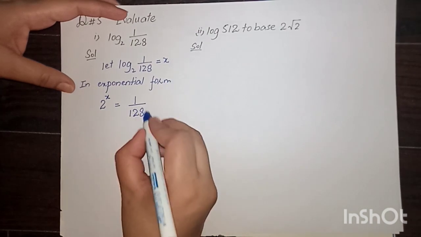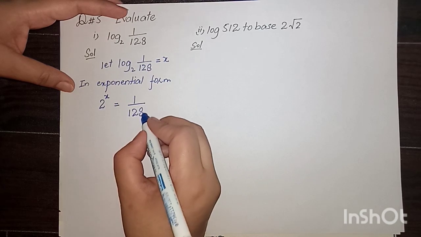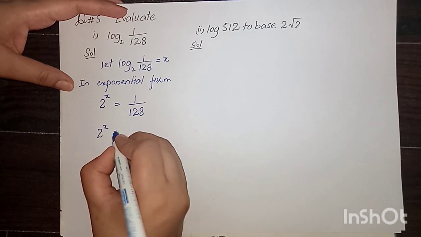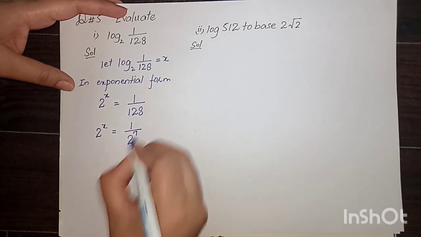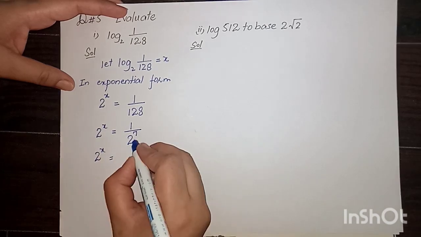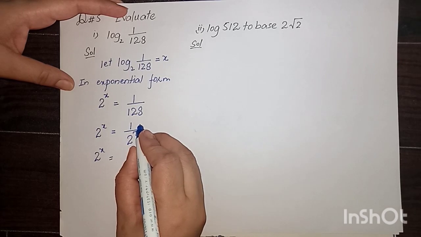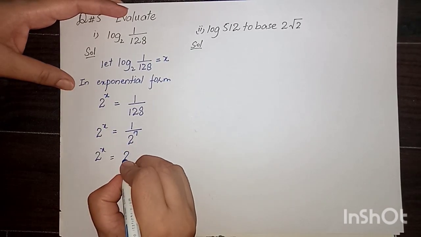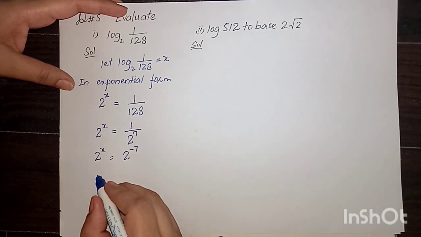Now we will find the prime factorization of 128. So the prime factorization of 128 is 1 over 2 power 7. So 2 power x is equal to, this is in the denominator, when we convert it into the numerator the power turns into a negative sign, so it will be equal to 2 raised to power minus 7.